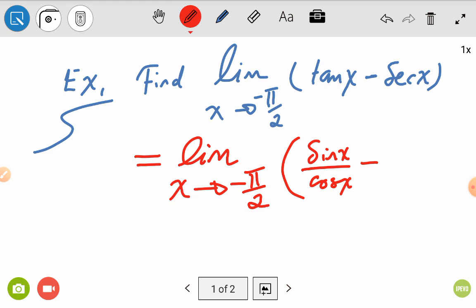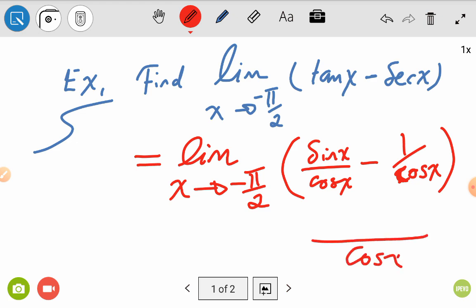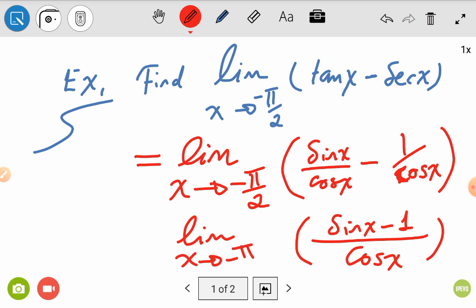Tan is sine over cosine, and secant is 1 over cosine x, and we write it with the same denominator, and the numerator will be sine x minus 1, and then find the limit as x approaches negative pi over 2.